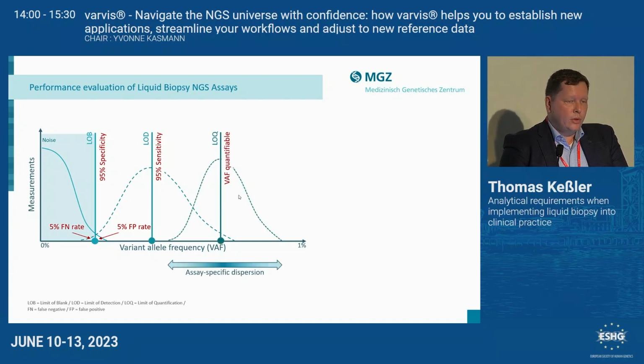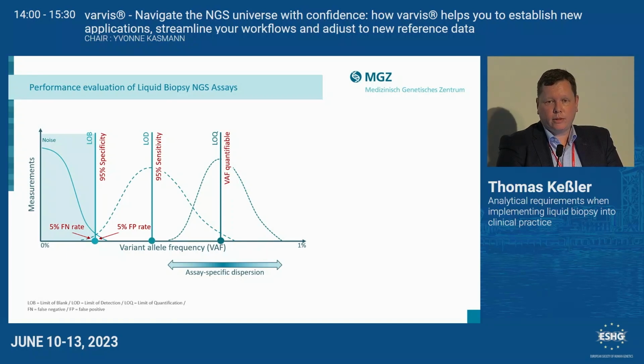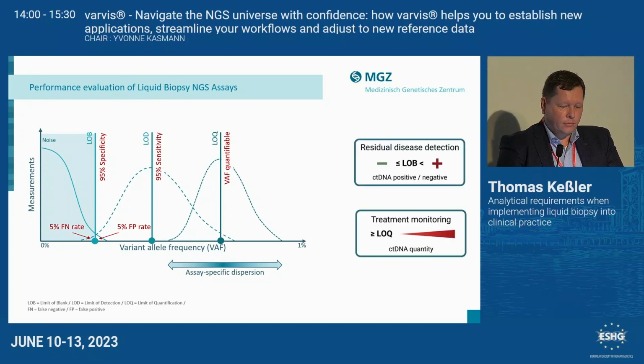And then, if you want to apply this also in a quantitative manner, you would have to determine a limit of quantitation, where you would be sure that any quantitative changes that you detect in a serial measurement of ctDNA would be true changes, and you could have an idea whether you have more ctDNA in the blood than at the previous blood draw or not.